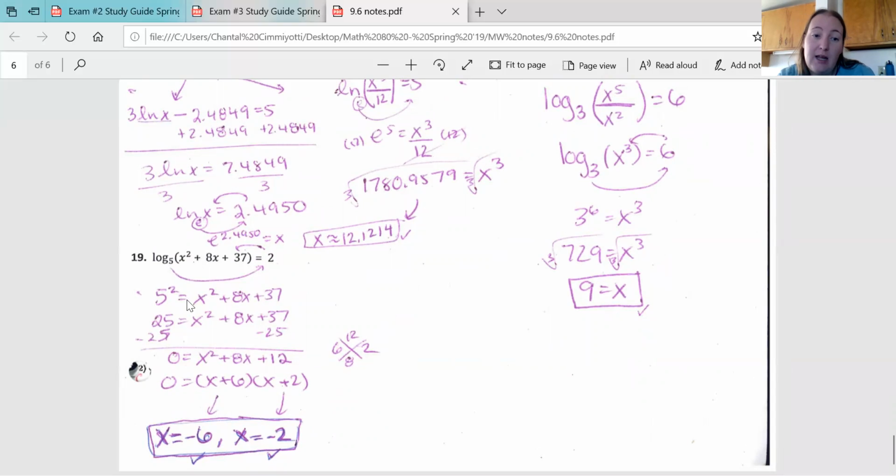And when you plug -6 in for your x's, you will end up getting positive 36 plus 37. It would be bigger than this negative 6 times 8, the negative 48. So it ends up still being positive when I put it in here. -2, so that'd be 4 minus 16 plus 37, still positive.